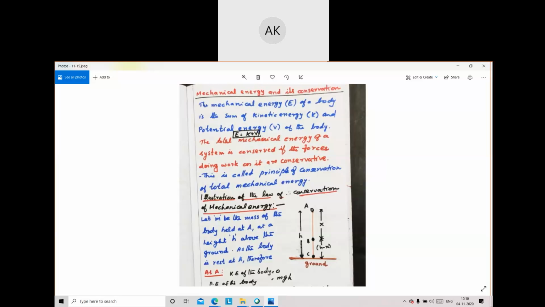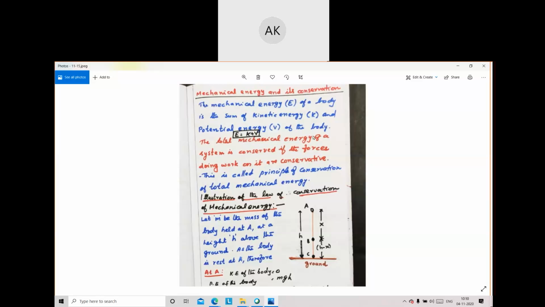Then this is gravitational potential energy. Potential energy is also denoted with the letter V. We are discussing the gravitational potential energy, and we have already derived the expression for it: mgh.